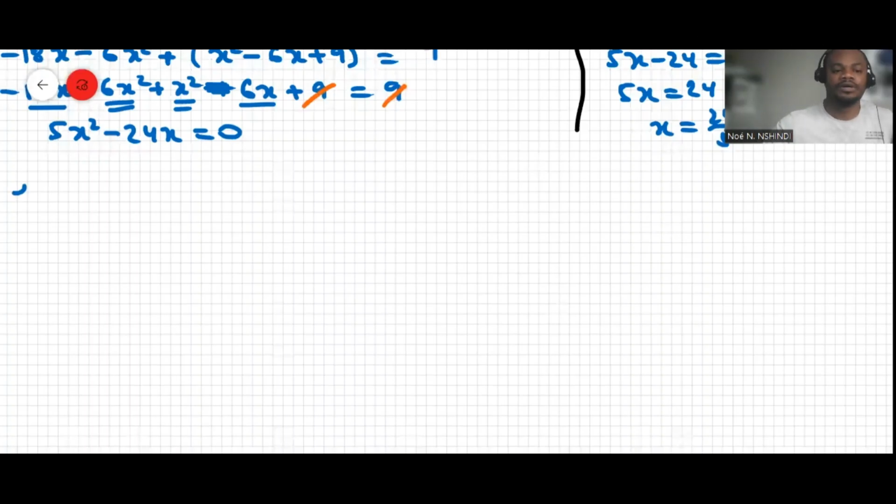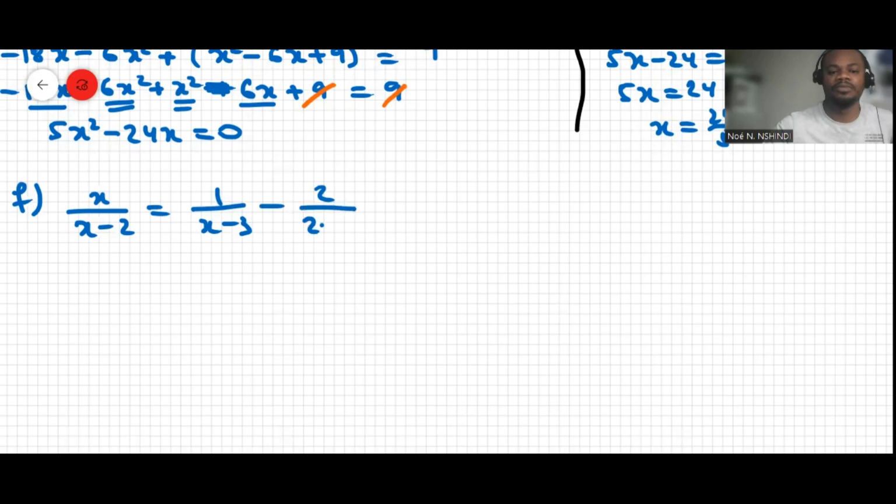Now we can do F. F was x minus 2 under x equal to x minus 3 under 1 minus 2 under 2 minus x.